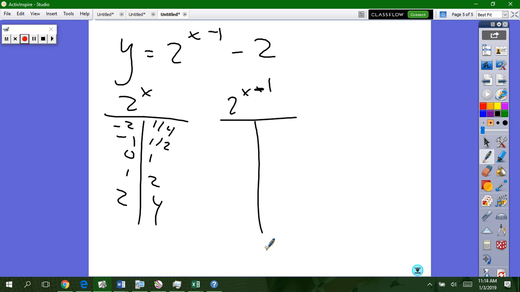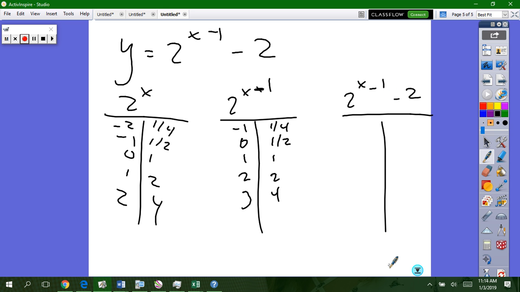X's, so I'm going to shift this x -1, 0, 1, 2, and 3. Got -2 here. Drop the square down our y value, right?